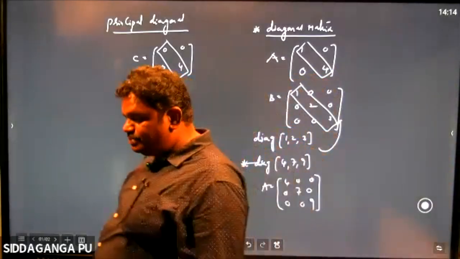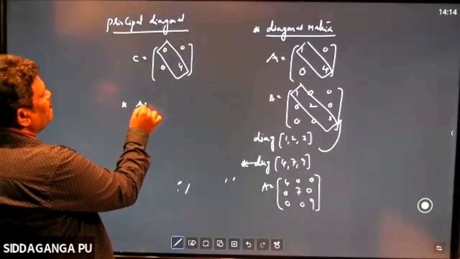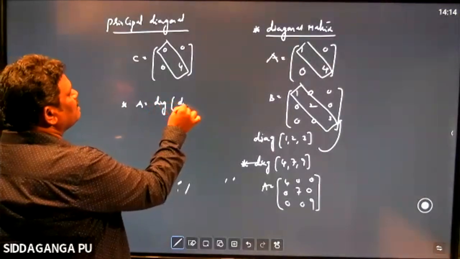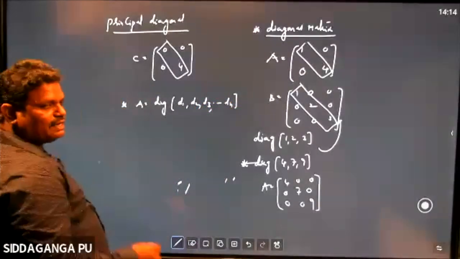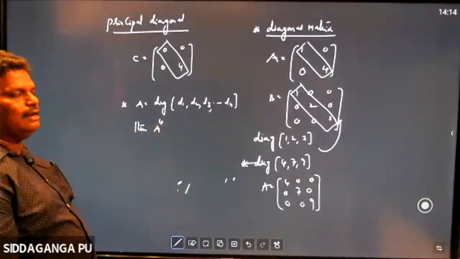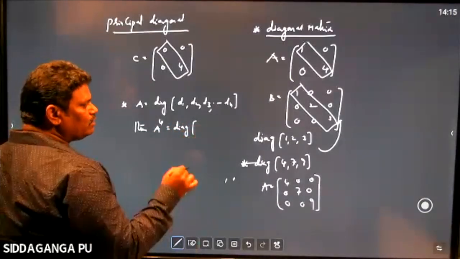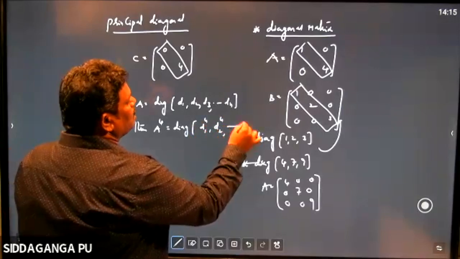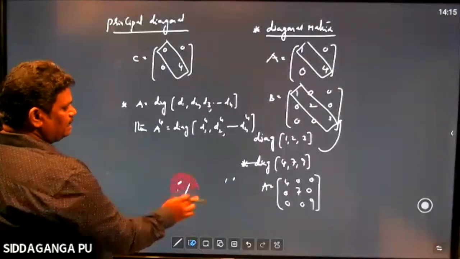Another point to remember: if A is equal to diag of d1, d2, d3, and so on up to dn, then to find A power 4 or A power n, we just apply the power to the principal diagonal elements only: d1 power 4, d2 power 4, and so on, dn power 4. Easily we can calculate that value.